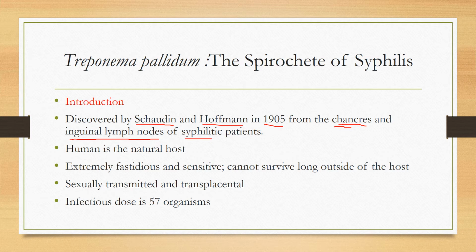They cannot survive long outside of the host, and they can be transmitted sexually and by the transplacental route. The infectious dose is 57 organisms, meaning that to cause disease, Treponema needs at least 57 organisms in a healthy or non-healthy human being.